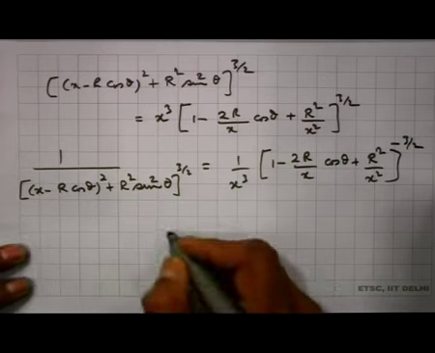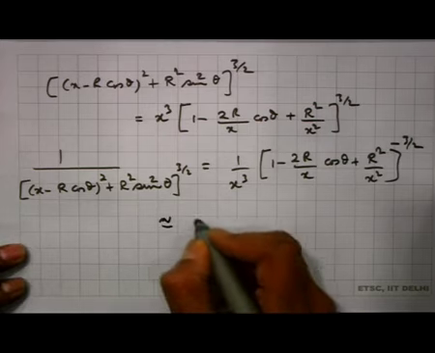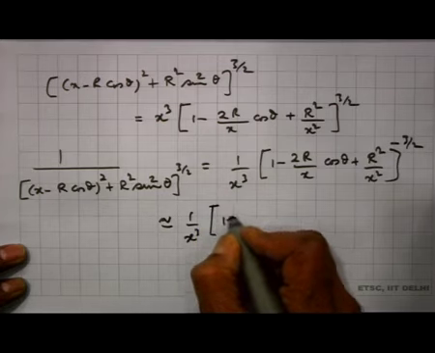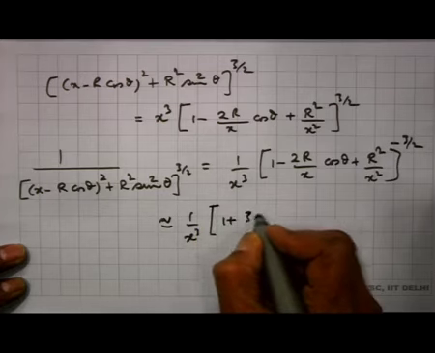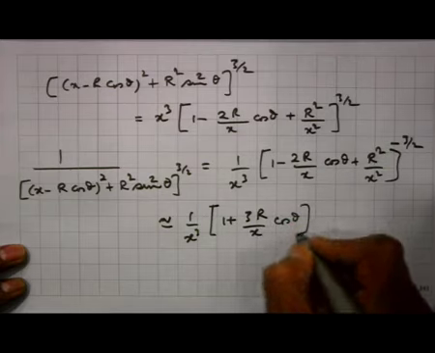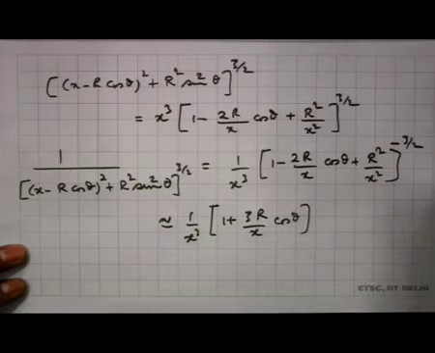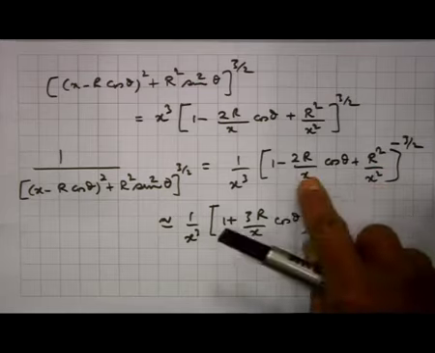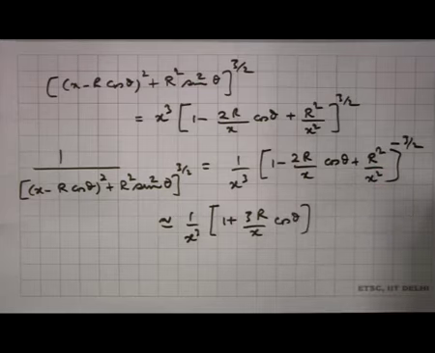And I can make a binomial expansion here. So, this is approximately 1 by x cube into (1 plus 3 r by x cos theta), where I have neglected higher order terms. Remember, the square of this is r square by x square, etc. So, I have retained terms up to order r by x in this expression.